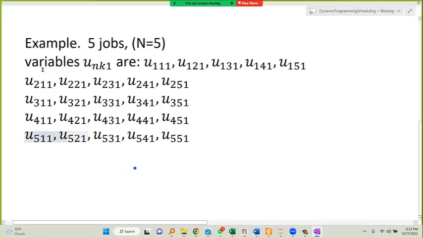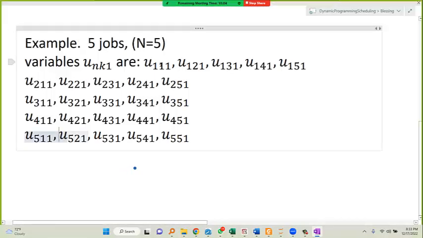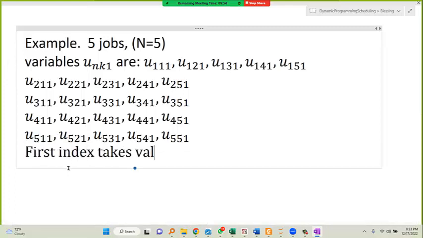We have 3 indices, right? The third index is always 1. So what values can the first index take? You're talking about the position of the first one?